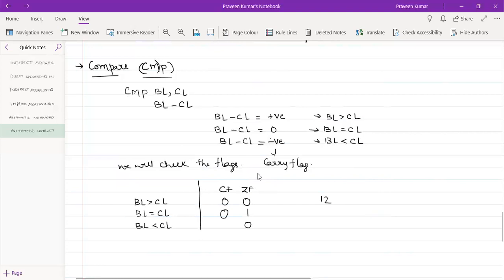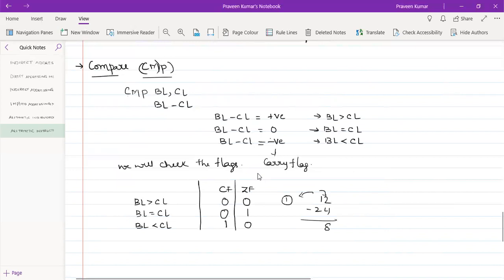Now I'll do 12 minus 24. I borrow for the first digit: 12 minus 4 is 8. Then there is 0, and I cannot borrow there, so I'll take a borrow from outside. So now the carry flag will be activated.